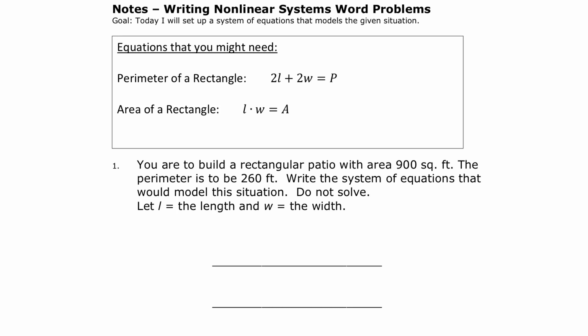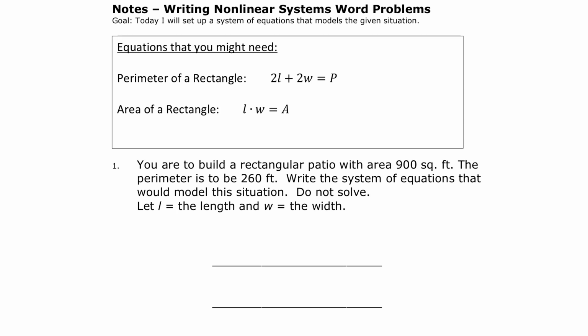Let's start reading through our first word problem, to see if we need to use these. It says you are to build a rectangular patio with area 900 square feet. The perimeter is to be 260 feet. Write a system of equations that would model this situation. Do not solve it. We're going to let L be the length and W the width.